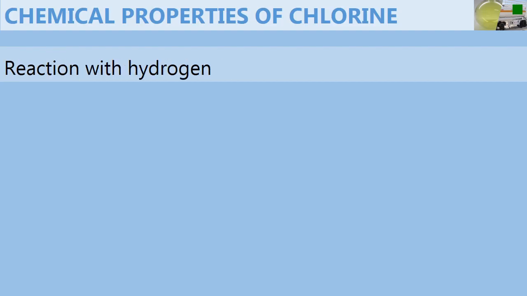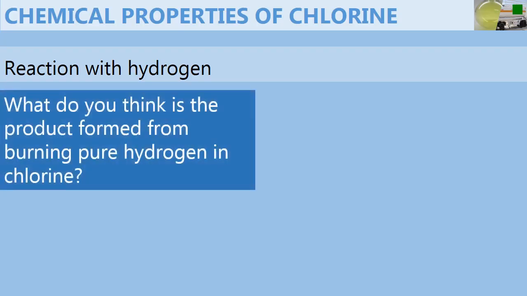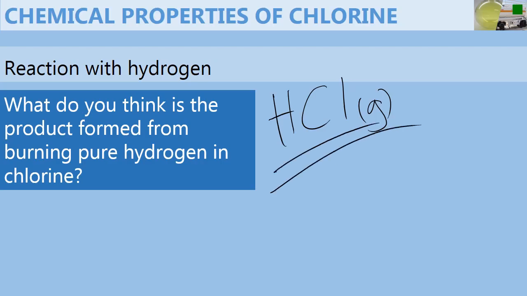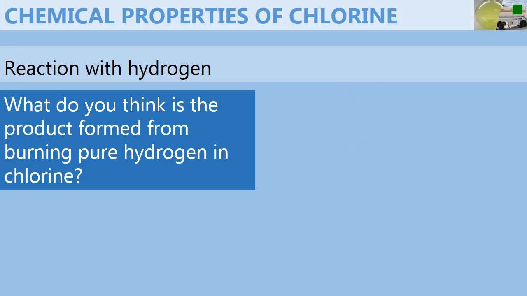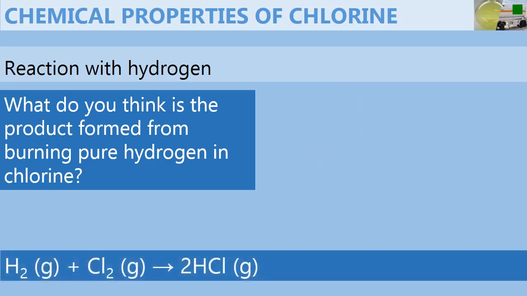Next is the reaction with hydrogen. What do you think is the product formed when burning pure hydrogen in chlorine? If you said hydrogen chloride gas, then you're right. Chlorine reacts with hydrogen in diffused light to form hydrogen chloride gas.